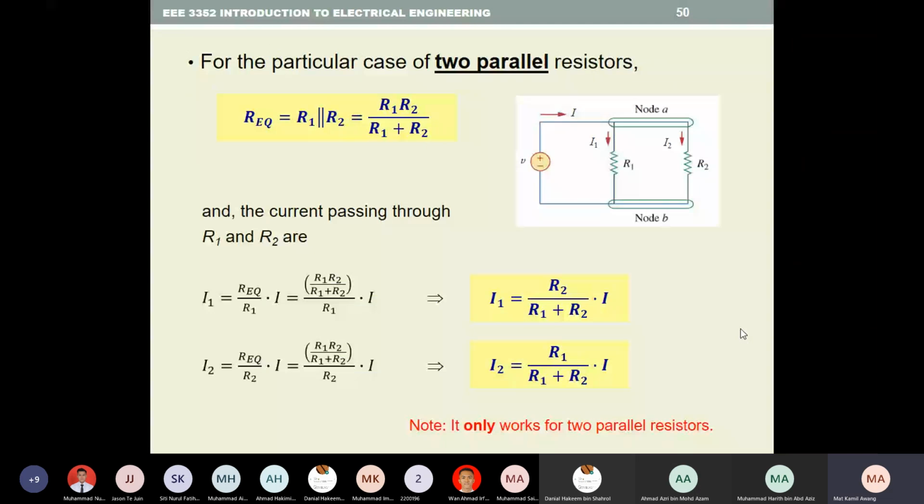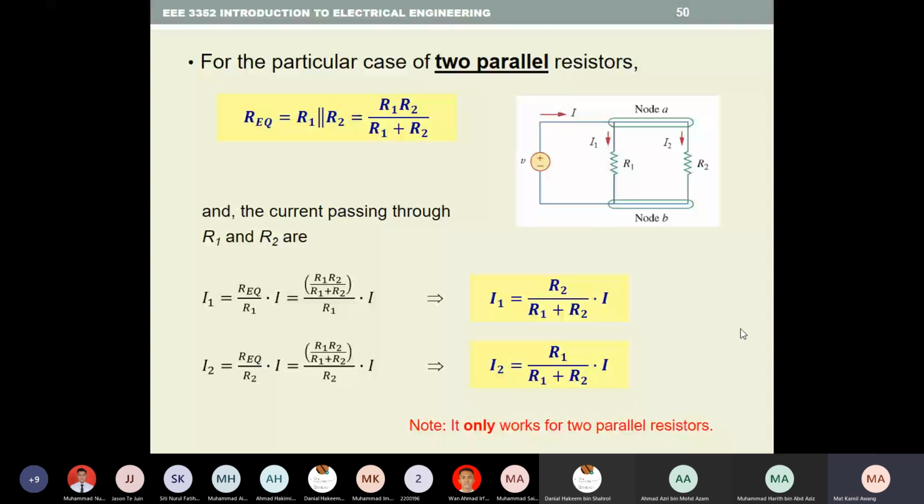In general, this is for the particular case of two parallel resistors. If you have two parallel resistors, then the R equivalent is R1 times R2 divided by R1 plus R2. This only applies for two parallel resistors.